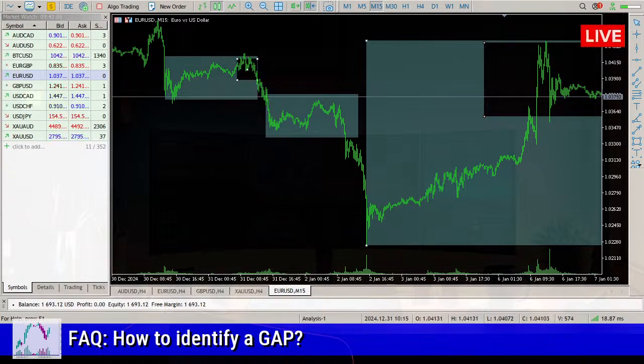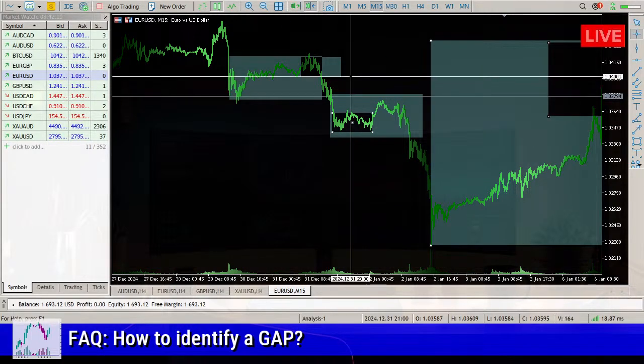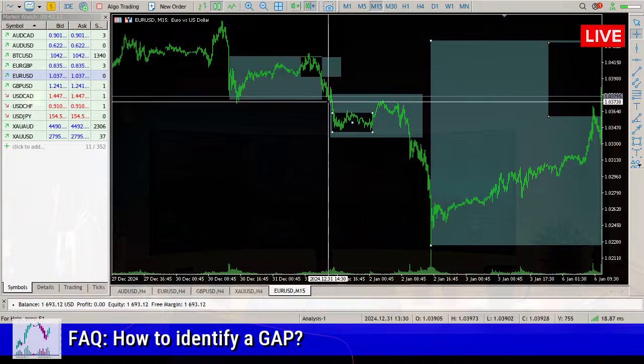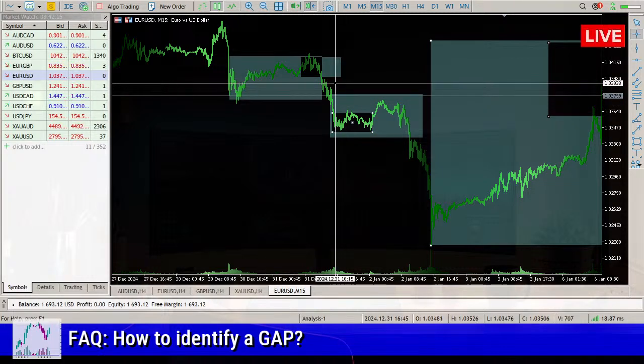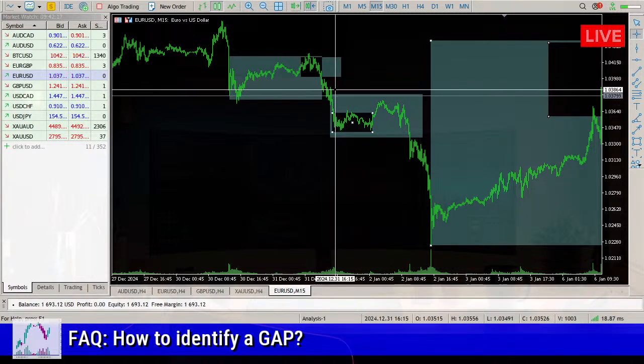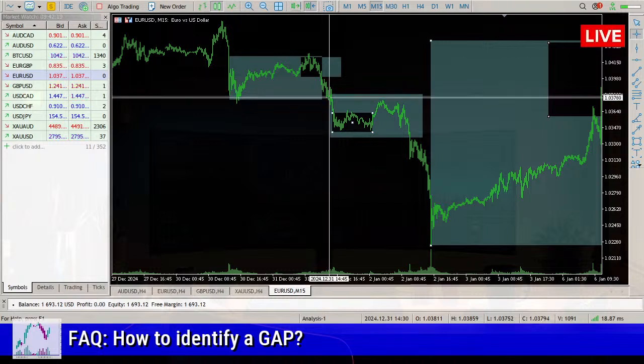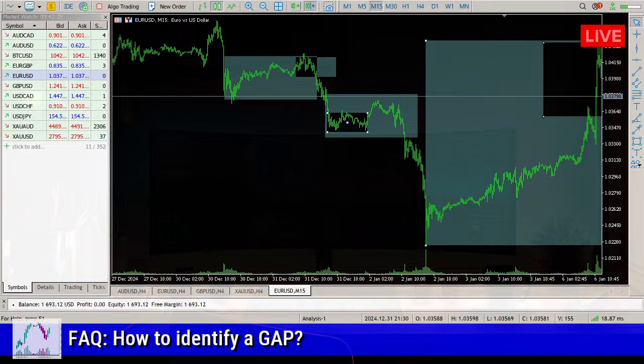This one is a gap. From here, the movement drops to this one, for example. So this is the gap, the gap we got for the 15-minute chart. Okay, are you clear?